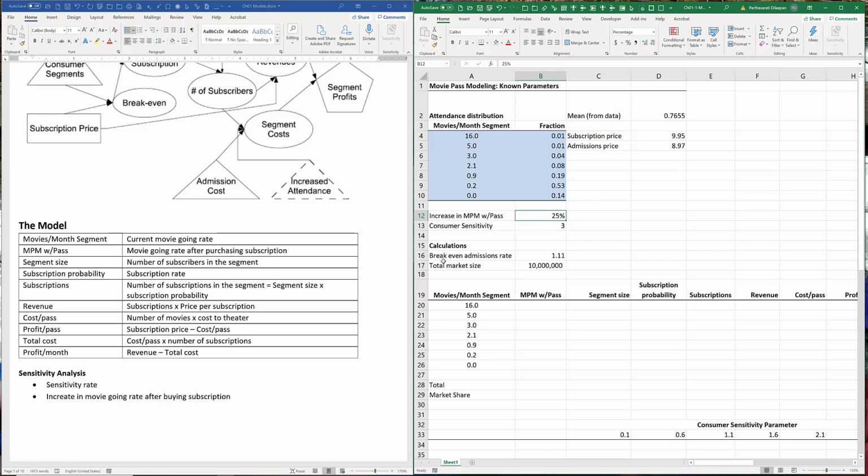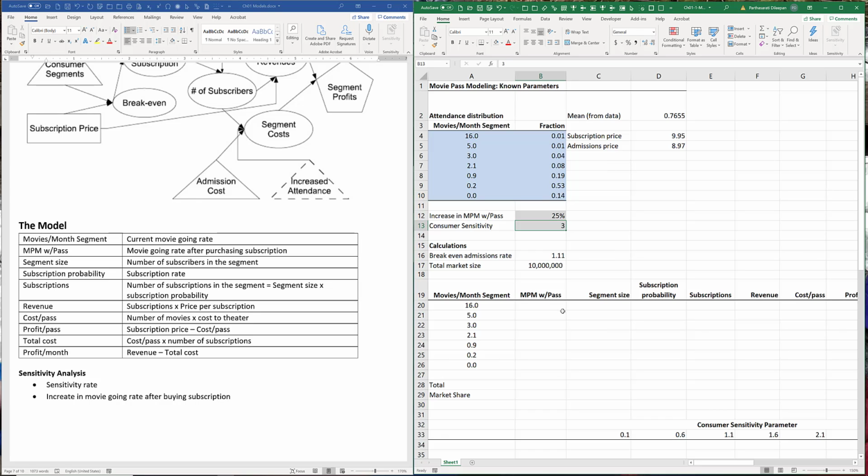That is an uncertain variable that we need to analyze, so I'll use a gray background. And the consumer sensitivity for probability that we talked about, that also is an uncertain variable.